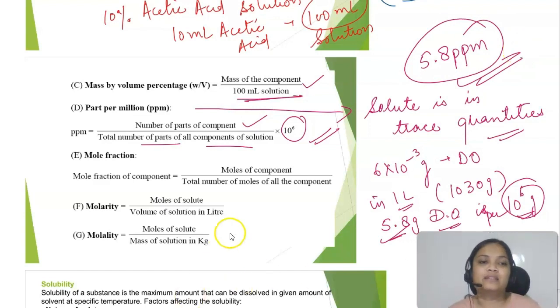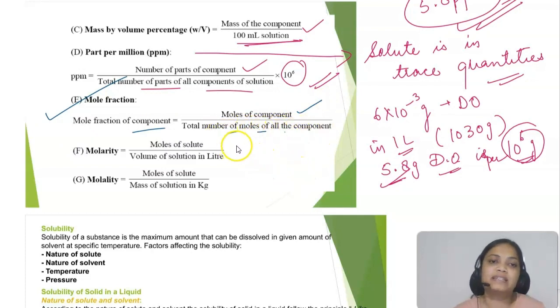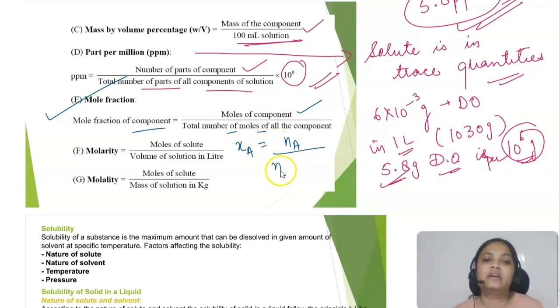Okay, that's the thing. Now next up are the other important ways in which we represent the concentration. Mole fraction of any component means the moles of the component divided by total number of moles of all the components. Let's say if I am having a component A, then its mole fraction would be Na, the number of moles of A, divided by the number of moles of A and B, the total number of moles.